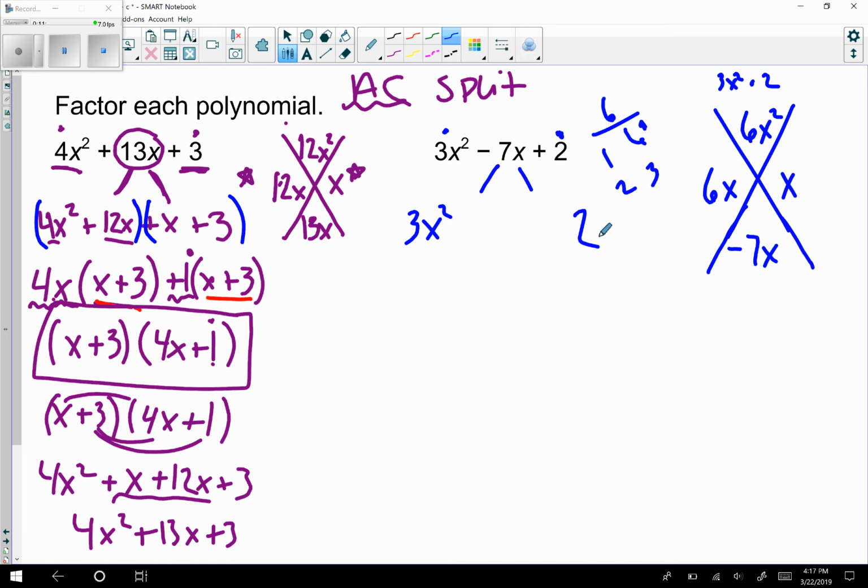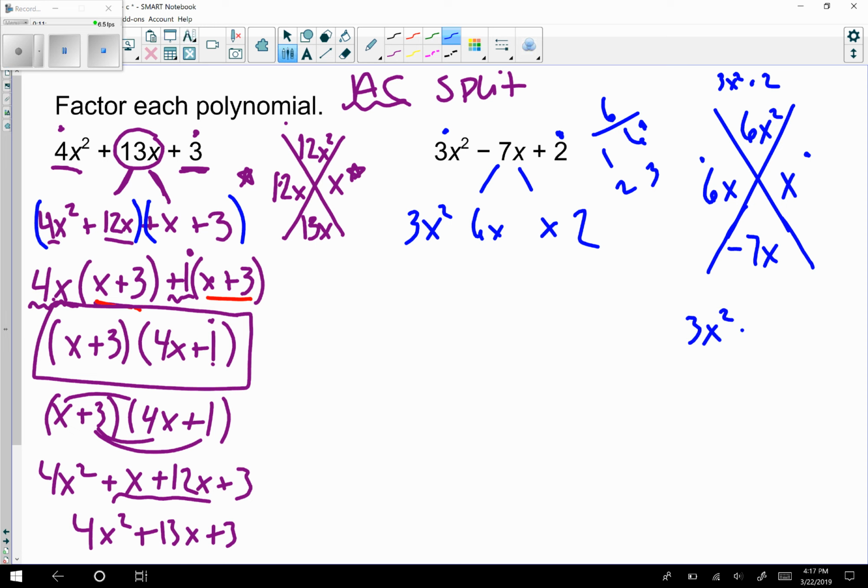I've got 3x squared. Does it make more sense for me to put the x with it, or does it make more sense for me to put the 6 with it? And realistically, you can set this up either way you want to. You can put 6x here. You can put x here. You know what? I'll just show you both.